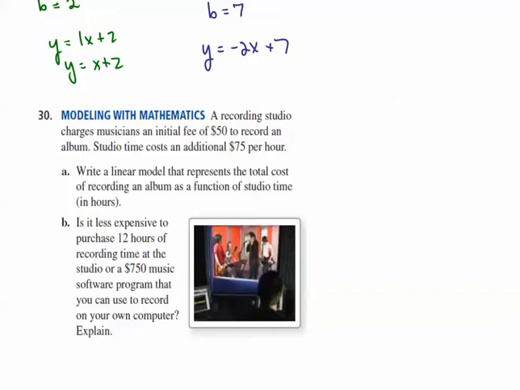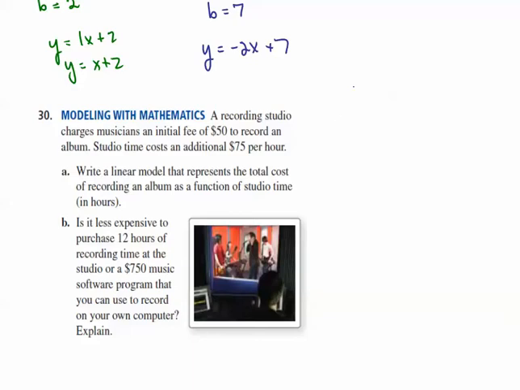Okay, then, some word problems or some applications of these ideas. A recording studio charges musicians an initial fee of $50. Remember, an initial fee is a one-time fee. And then studio time costs an additional $75 per hour. Write a linear model that represents the total cost of recording an album as a function of studio time in hours.